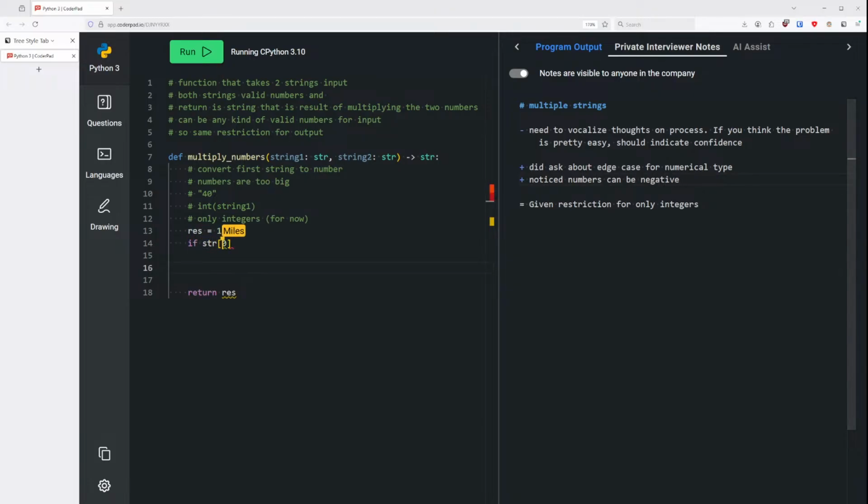If string 0 or not string 1 0 equals this.